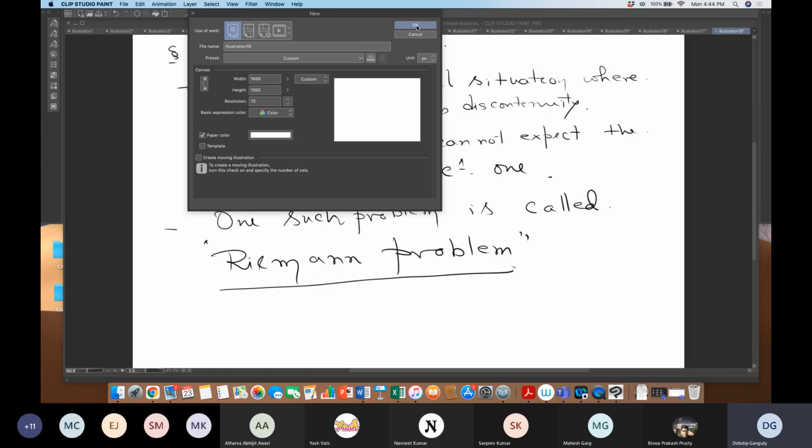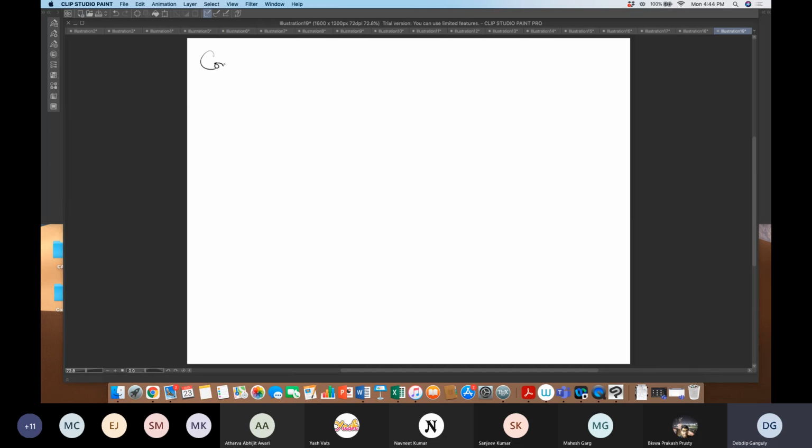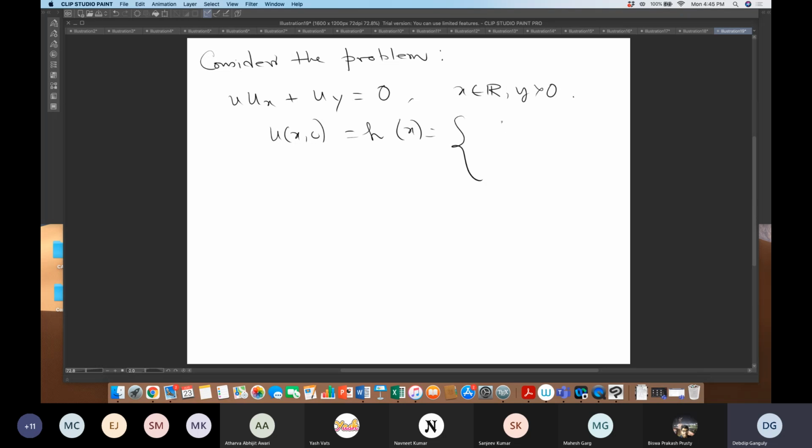The problem of this type: consider u_x plus u_y equal to 0, where x is in R, y is positive, and u of (x, 0) is h of x, just a simple discontinuous function.